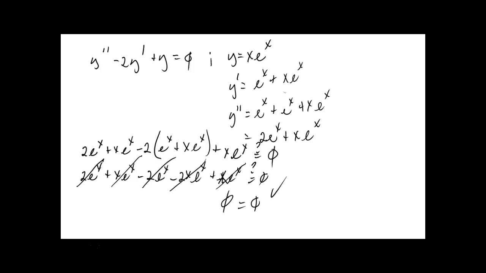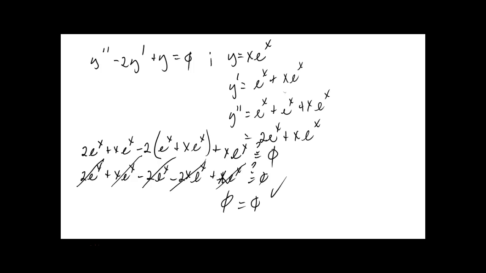Now there is also, and this is flicking back to Cal 1 or Cal 2, explicit and implicit solutions.